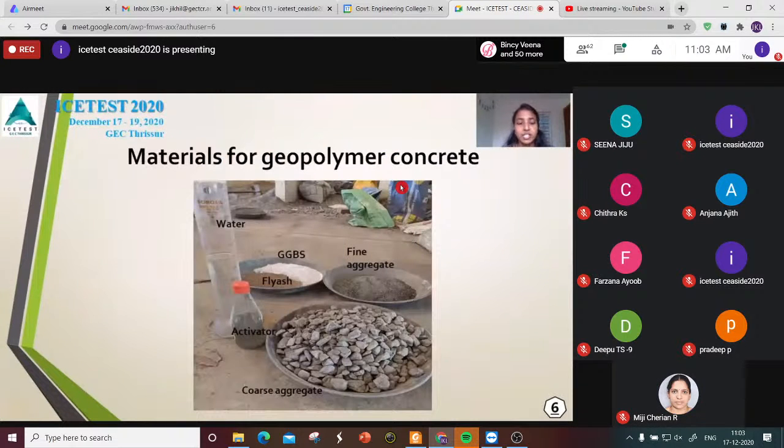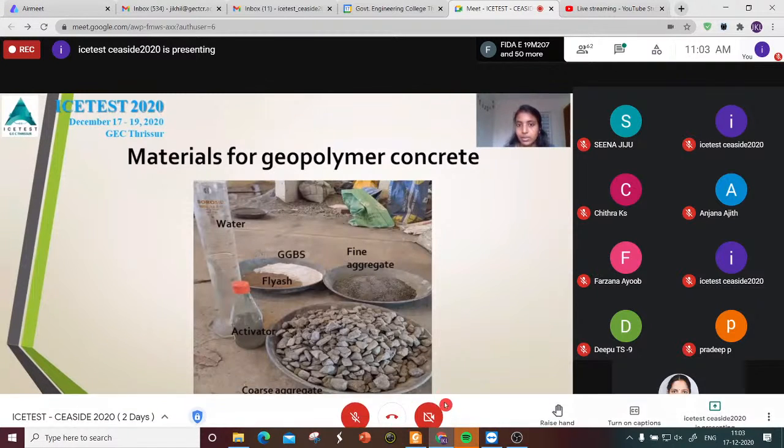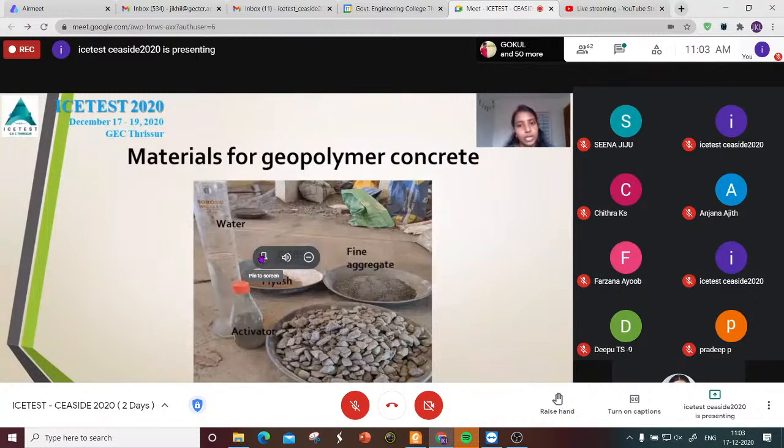This picture shows the materials we used for the geopolymer concrete, that is GGBS, fly ash, water, fine aggregate, coarse aggregate, and the activator, a mixture of 8 molar sodium hydroxide and sodium silicate.